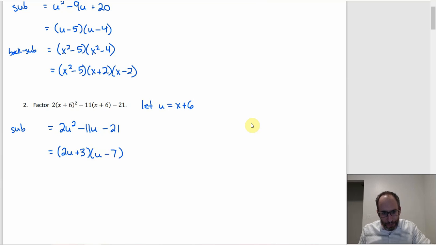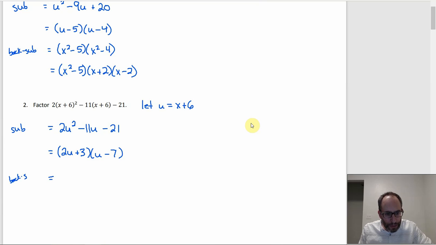If I put the negative 7 down here, when we FOIL it, that would get multiplied by the 2u. I figured that was the best shot at getting a middle coefficient that's that far away from 0. And that does work, because if you FOIL that back out, the outer product is minus 14u, and the inner product is plus 3u. So it looks like that works. And then we have to back sub.